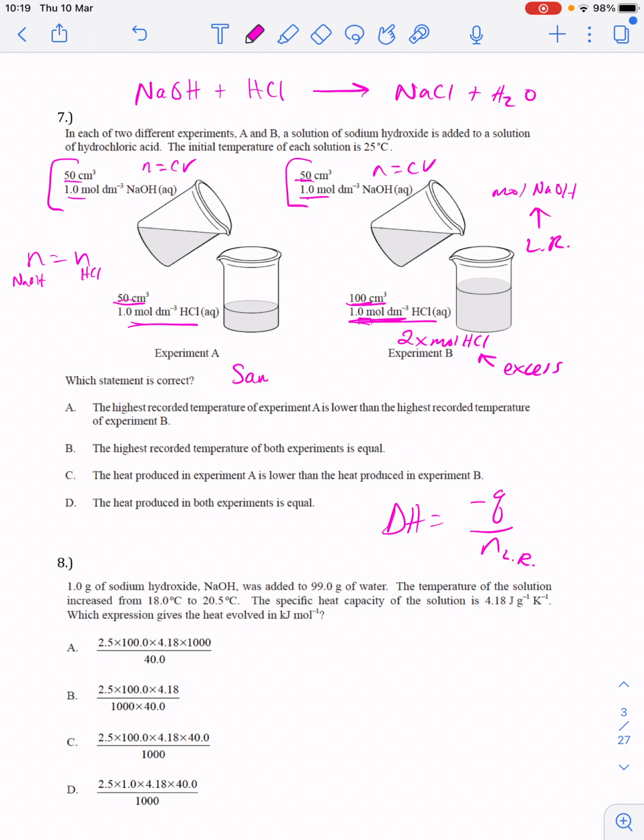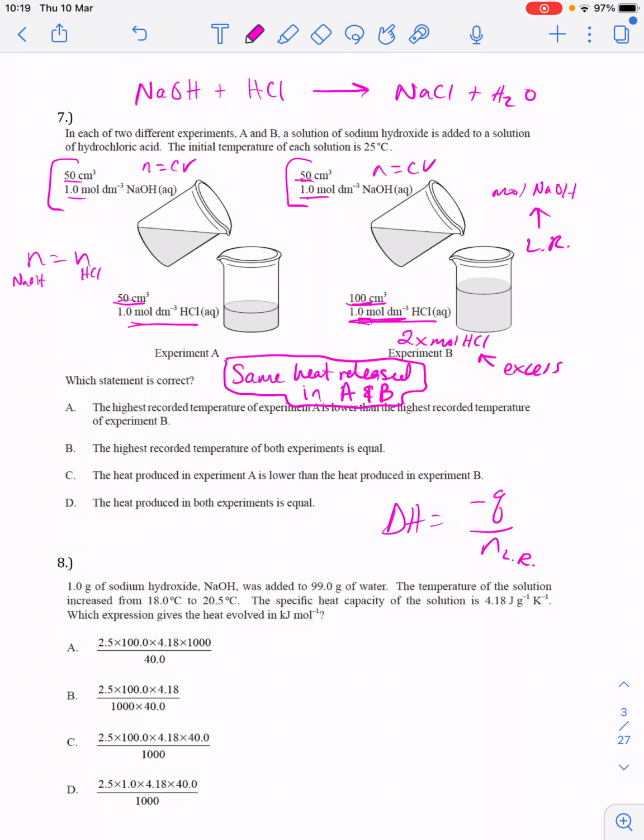So same heat released in experiment A and experiment B. That's the important conceptual idea to have to figure out the answer to this question. Because you're adding the same amount of sodium hydroxide in both, that will limit how much heat gets released. So both of them have the same amount of heat released.